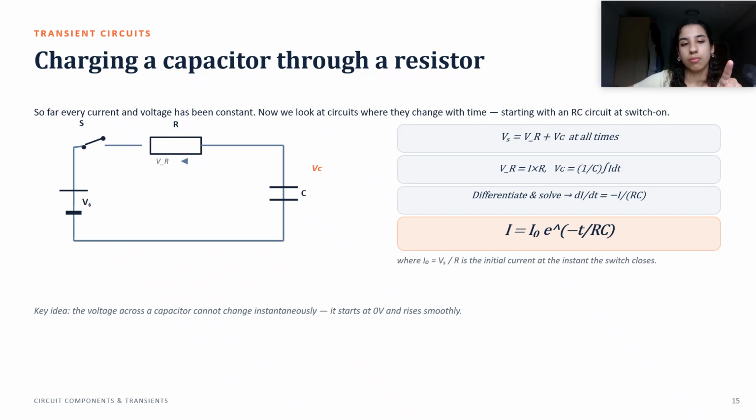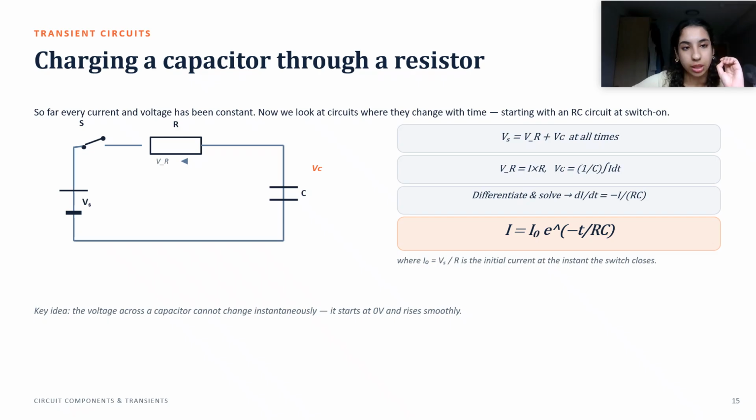So if the current doesn't change, then we differentiate and solve, using something called a differential equation. That's all mathematics. We end up with dI over dt equals minus I over RC, and that way we get to this equation.